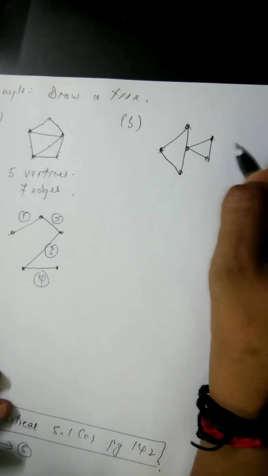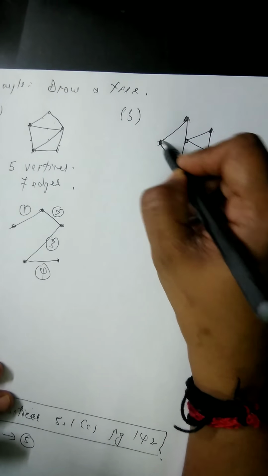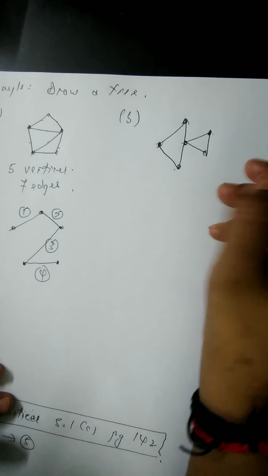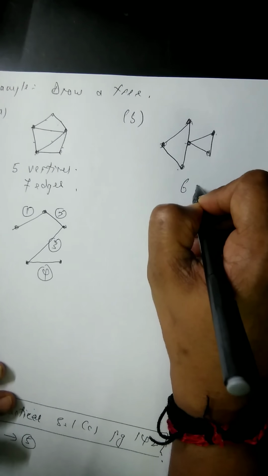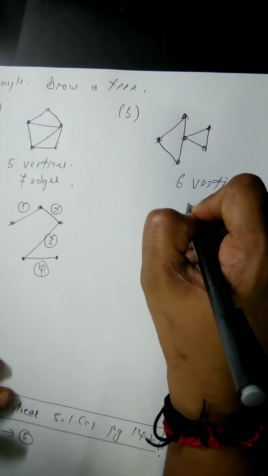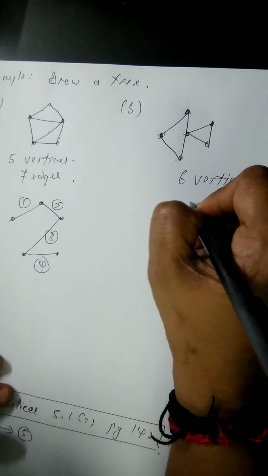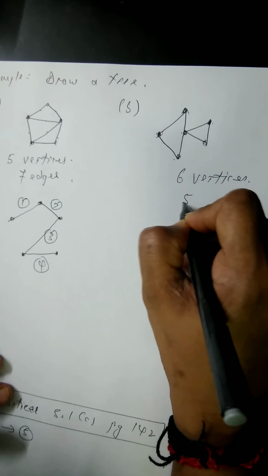Now this is not a tree. I've got 1, 2, 3, 4, 5, 6 vertices. So meaning I should only have 5 edges.